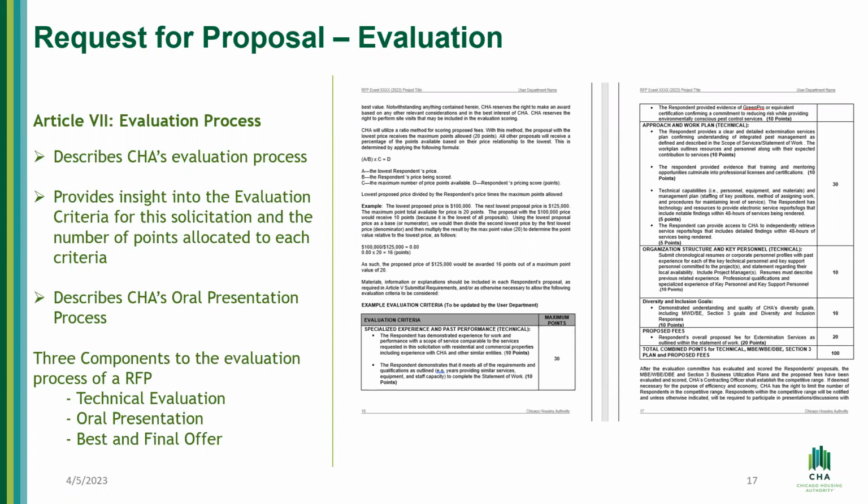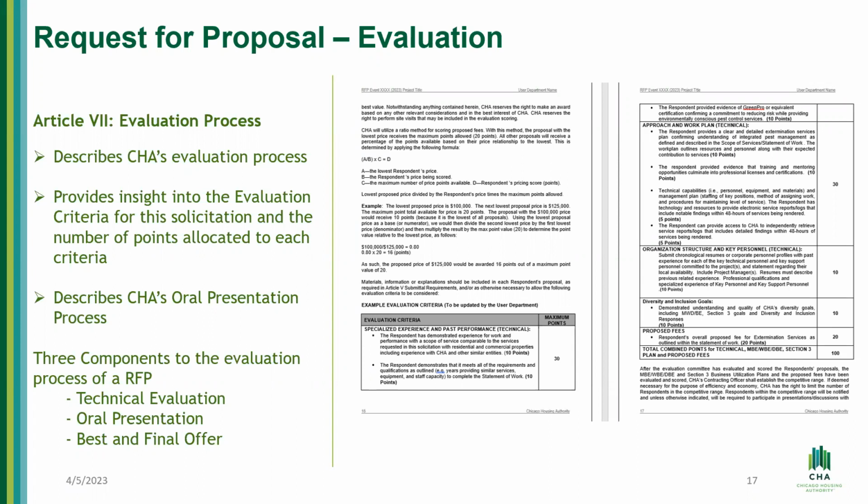There are 3 components to the evaluations. The factors determining best value include, and are not limited to, price, compliance, technical factors, and/or presentations if required. As you can see here, there are 3 factors: the technical evaluation, the oral presentations, and the best and final offer.